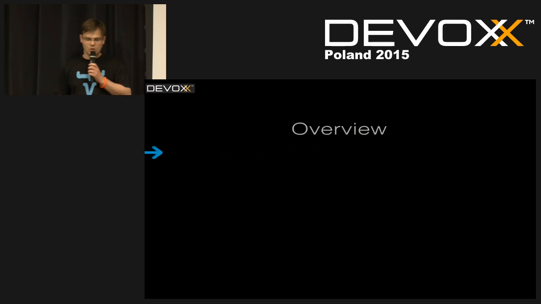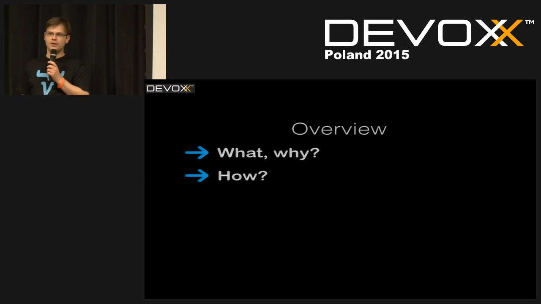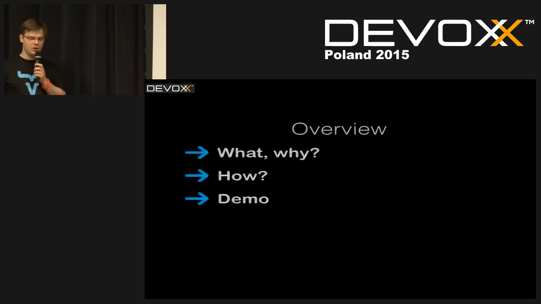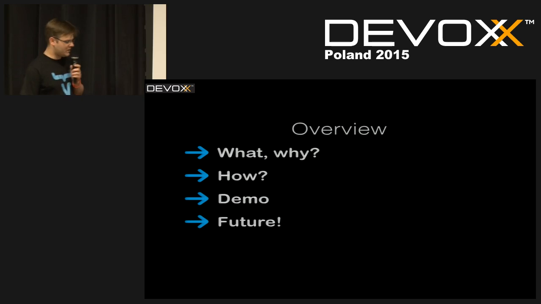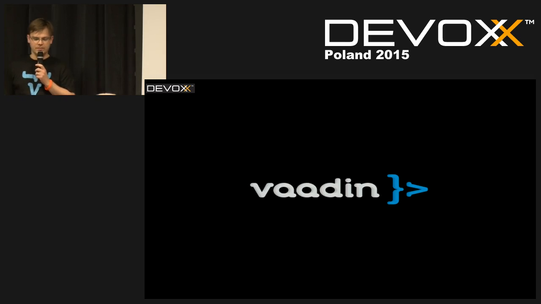First of all, what is Vaadin Designer? Why would you want to have one? How did we develop it? What are the choices that we made when we were developing it? Then I'm going to show you a quick jaw-dropping demo. And then we're going to talk about the future of the designer, what we want to achieve once we get 1.0 out.